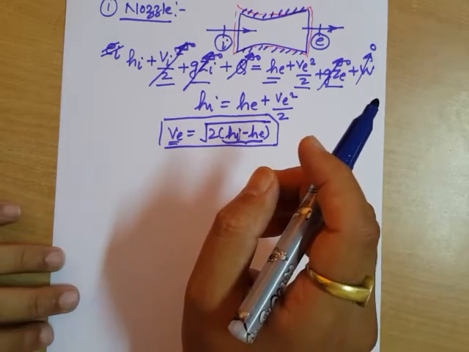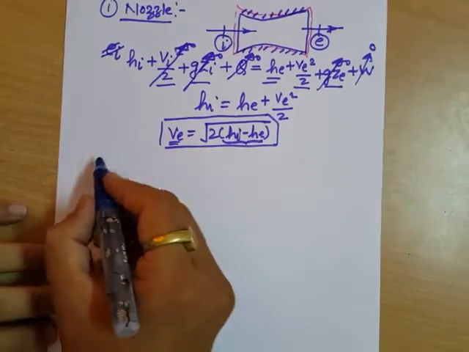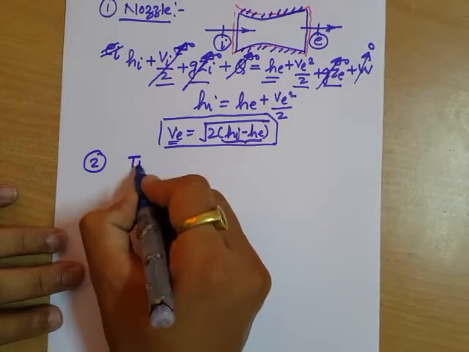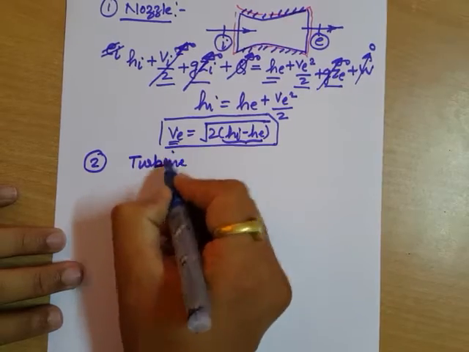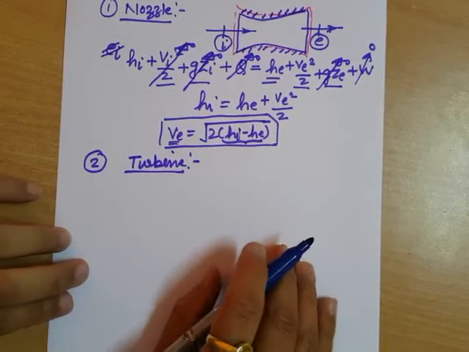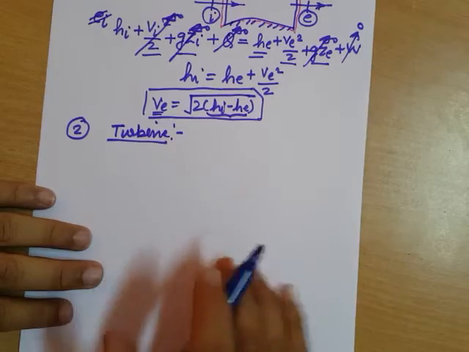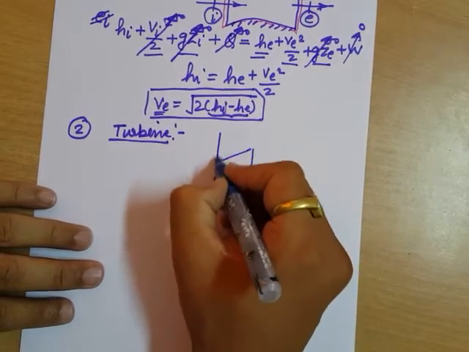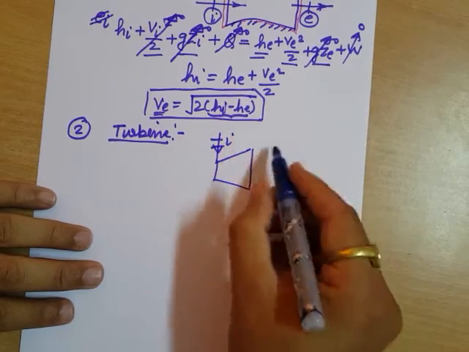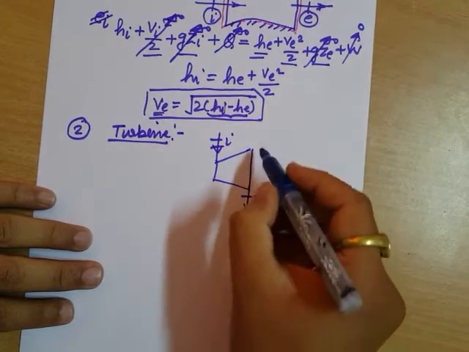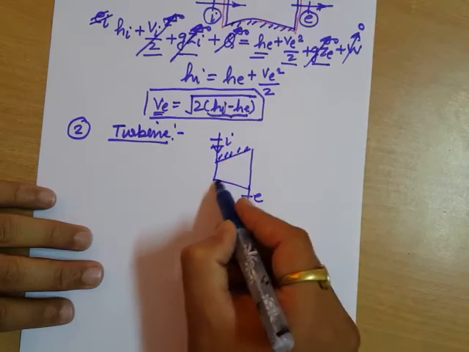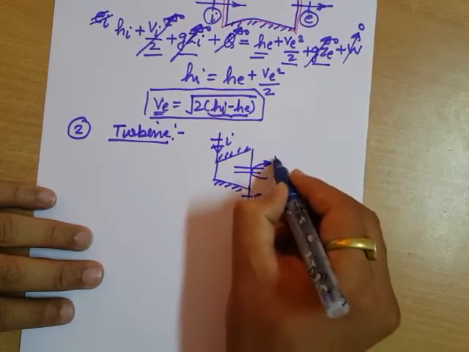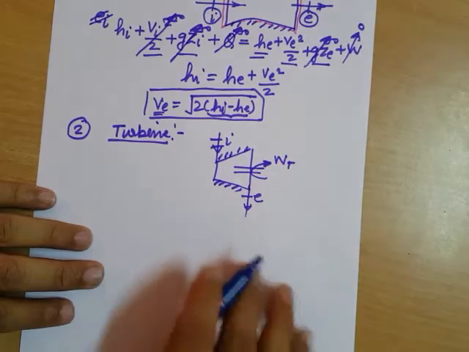So now, discussing the next application, this will be your turbine, let us say. A turbine is a work producing component, a machine. So let's say that this is my schematic of a turbine. Fluid is entering from this end, it is exiting from here, and this turbine is adiabatically sealed, and it is transferring a work WT.